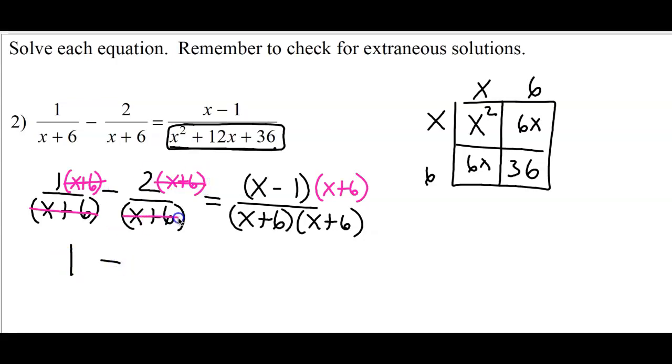On this one, these cancel out, and that will leave us with 2. On the next one, this one will cancel out one of the x plus 6's, leaving us with this. So we still have a denominator to deal with here. And remember, keep those binomials in parentheses.